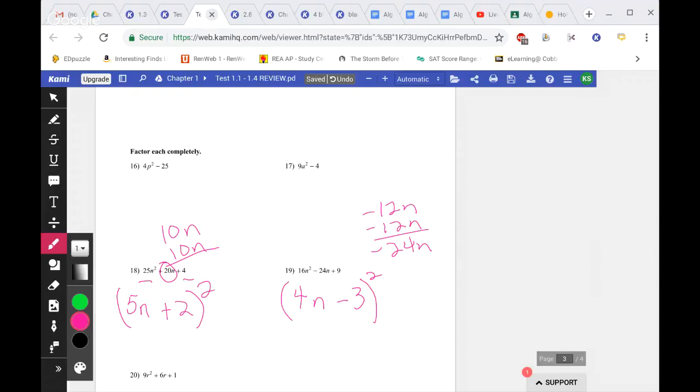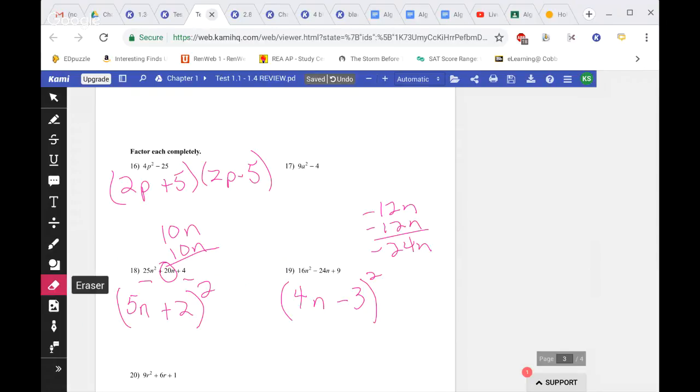Okay, perfect. Just to make sure that I've got it correct. And then number 16, this is one of the difference of two squares. So that's 2p plus 5 and 2p minus 5. Okay. That's just kind of the difference of those.